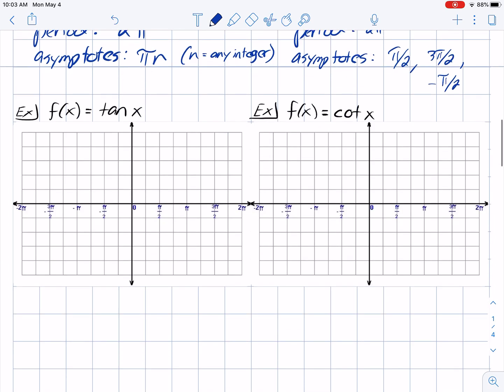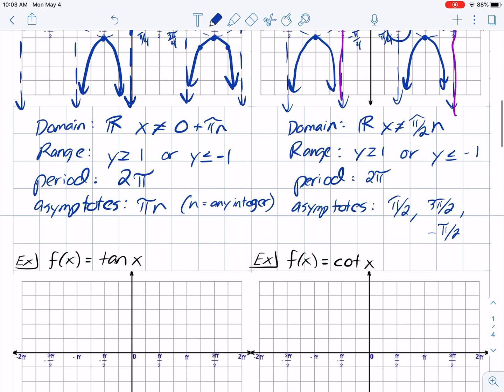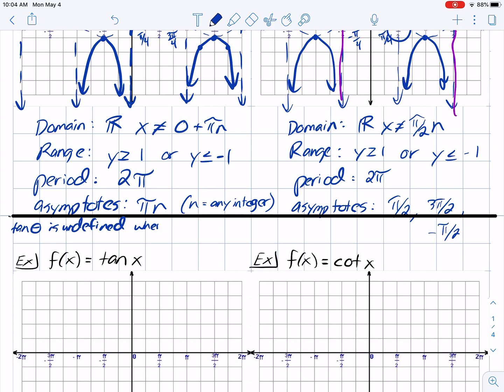Okay, remember that tangent is undefined where x equals 0, because if you remember, the tangent of theta is the ratio y over x.